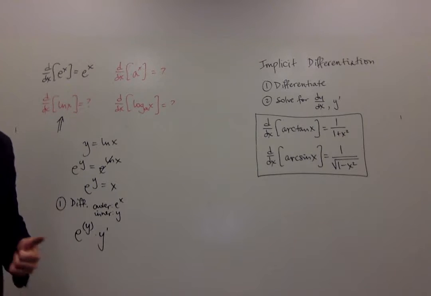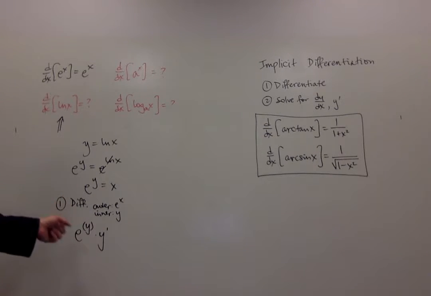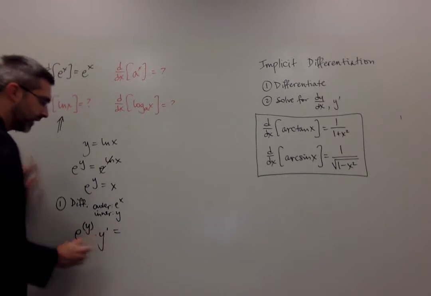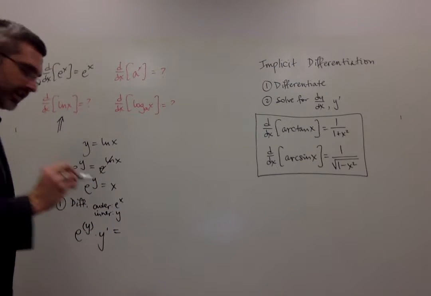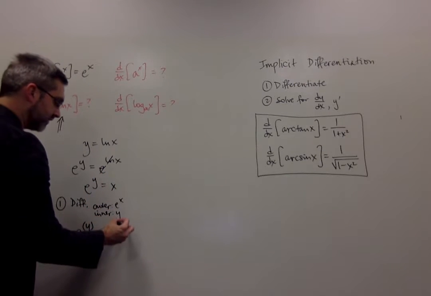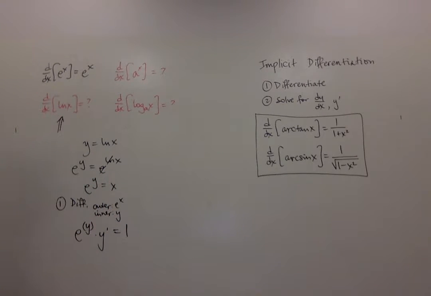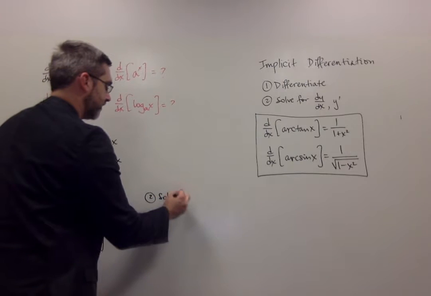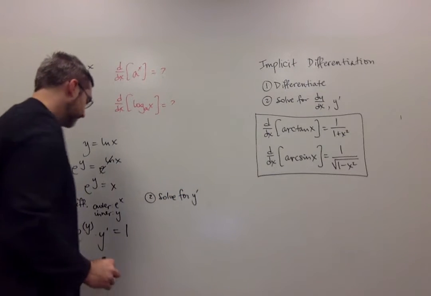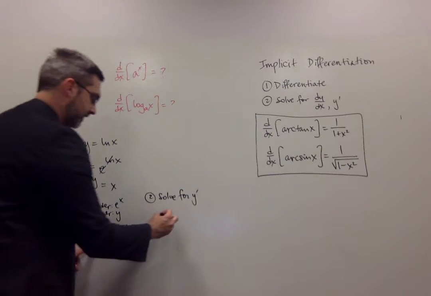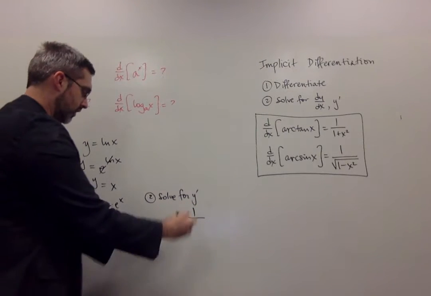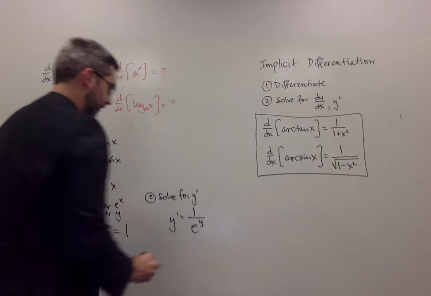So that is the derivative of the left side. I'm just using a chain rule. Now don't write equals x. We have to differentiate the right side too, so I'm going to differentiate x and I just get 1. So the first part of my implicit differentiation is done. Second part, I need to solve for y prime. Thankfully that's pretty easy here. y prime equals 1 over e to the y: I'm just going to move the e to the y to the other side and divide by it.